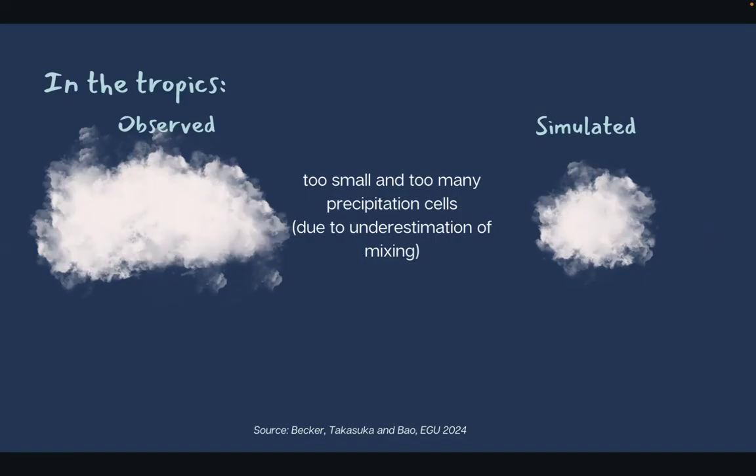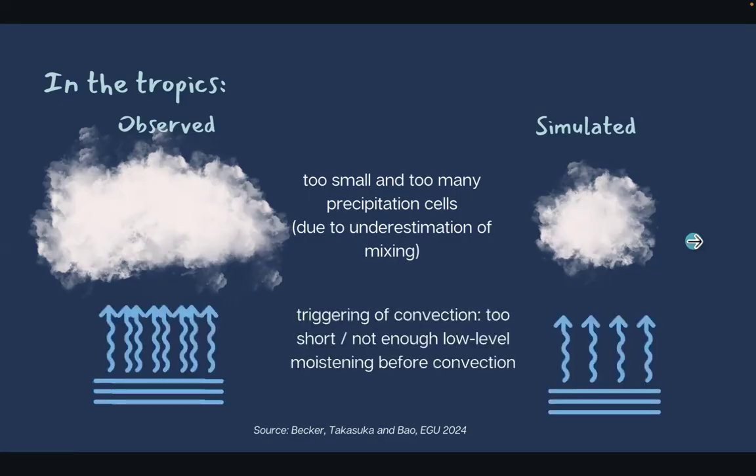The speculations on the reasons are multiple, but the idea is that we are underestimating the subcloud layer mixing. In particular, there might be too short a triggering of the precipitation, and not enough low-level moistening before the convection starts.